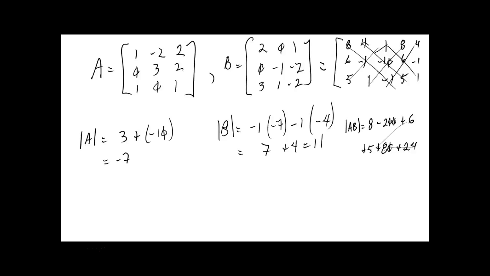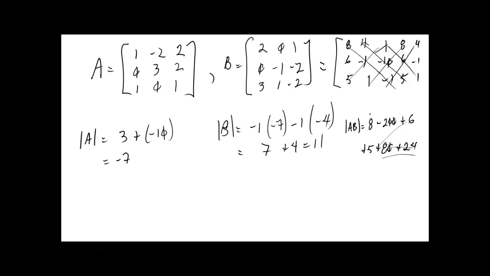Just adding the positives together, any way you want to. These are 6 sums that you add, 3 down diagonals and 3 up diagonals with the signs appropriate. If you've got a calculator, you can use that. That's 104 plus 11 is 115 plus 8.